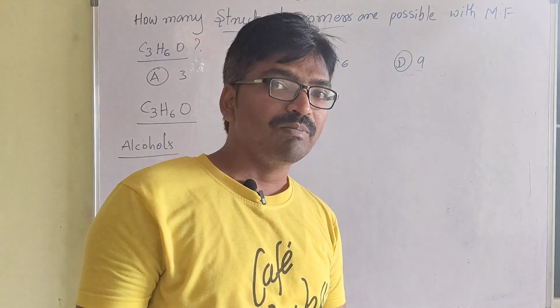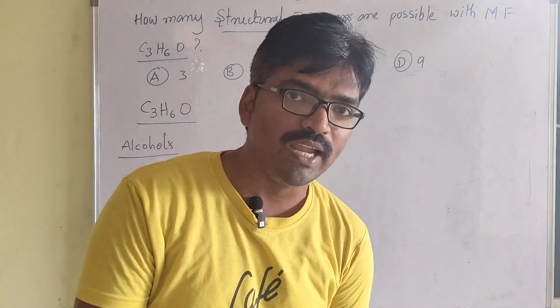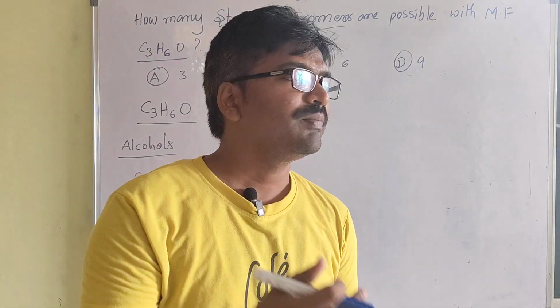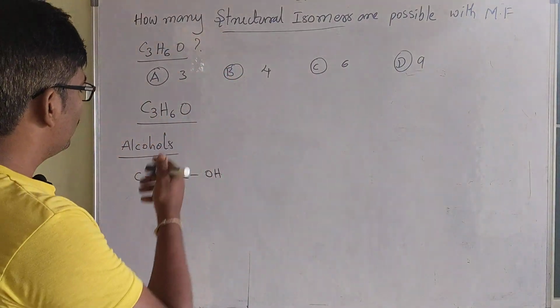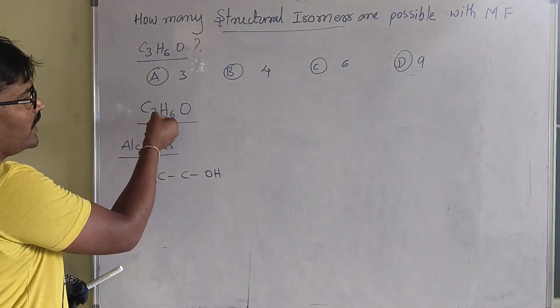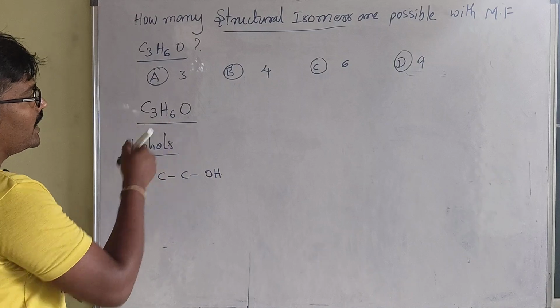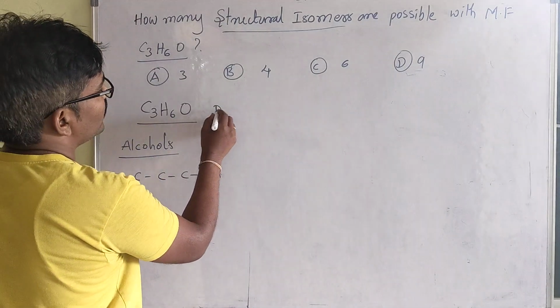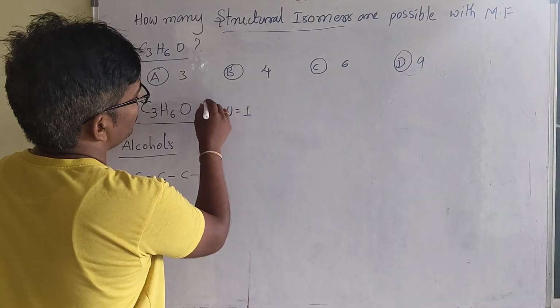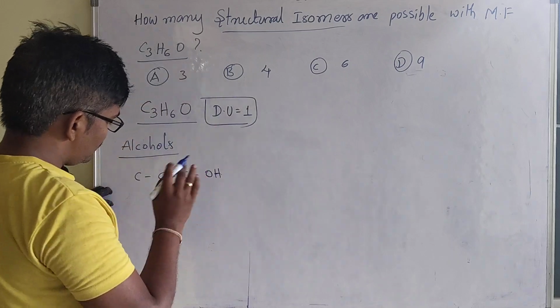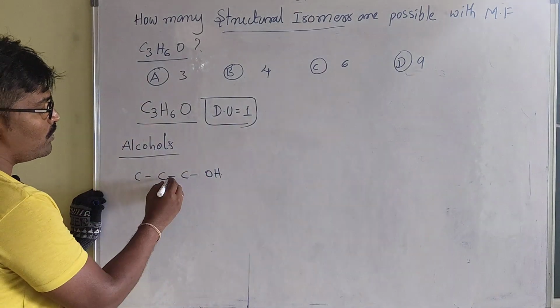C3H8 is the alkane, and H6 means 2 hydrogen atoms fewer, so there is one degree of unsaturation here. Yes, degree of unsaturation equals 1. Yes, exactly correct. So now we'll see that when the degree of unsaturation is there, a double bond is possible.